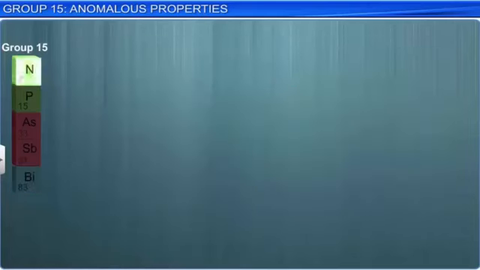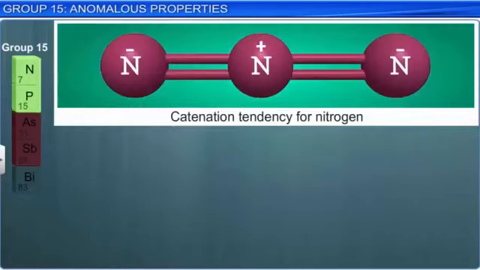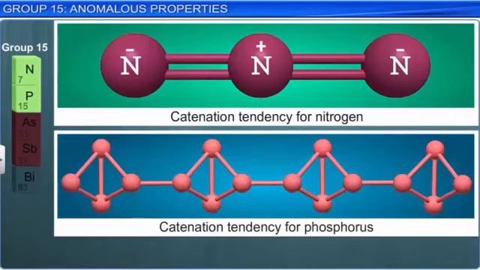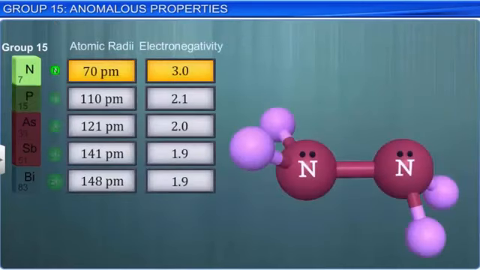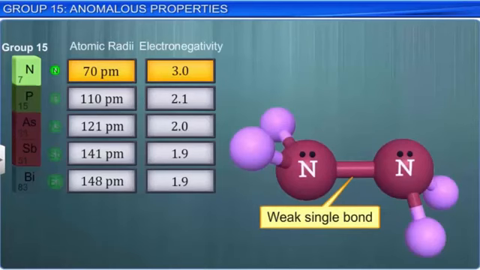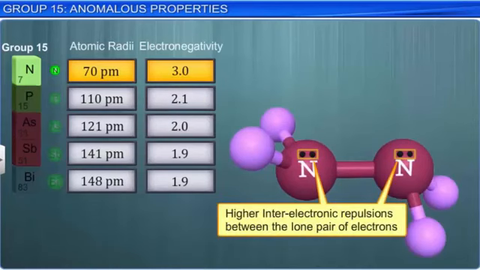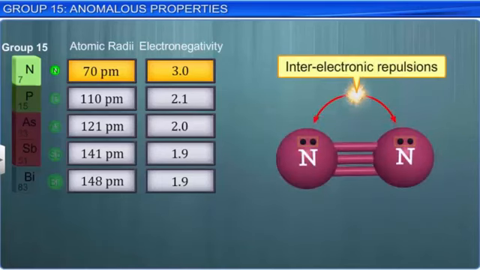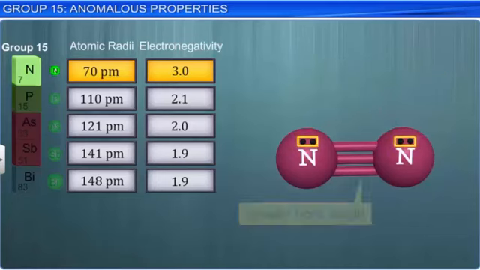The catenation tendency is less for nitrogen when compared to the other elements of the group. This is because the single bond between nitrogen atoms is much weaker owing to the higher interelectronic repulsions between the lone pair of electrons present on the nitrogen atoms. The high interelectronic repulsions in dinitrogen are attributed to its smaller bond length or small size of nitrogen atoms.